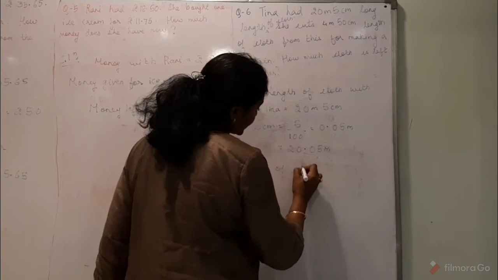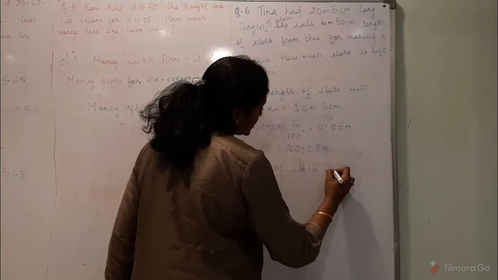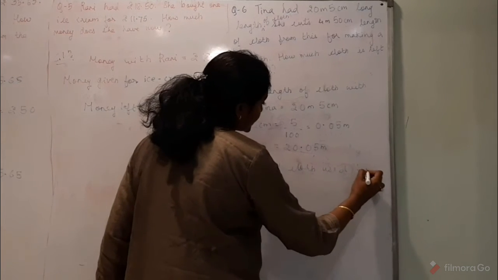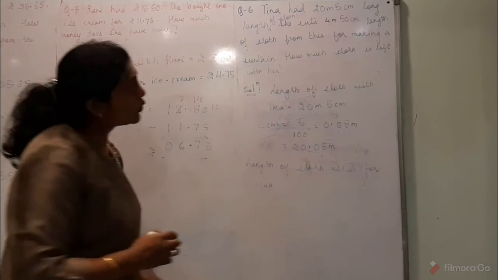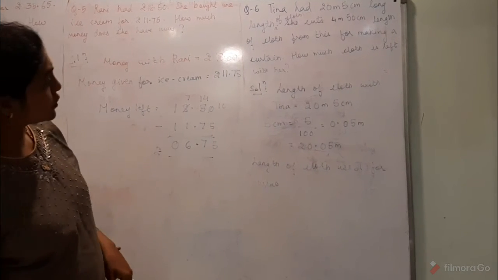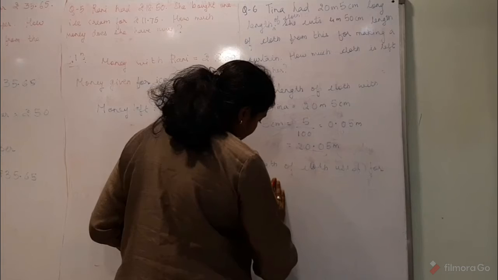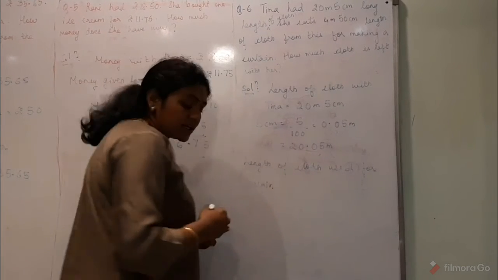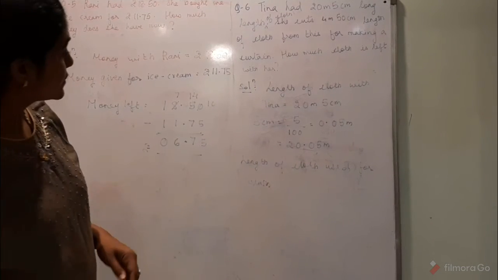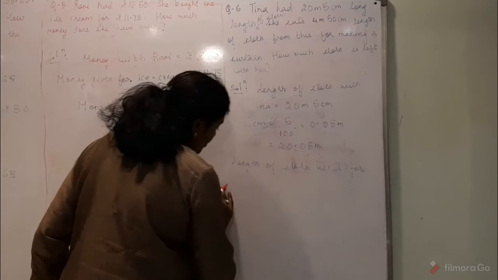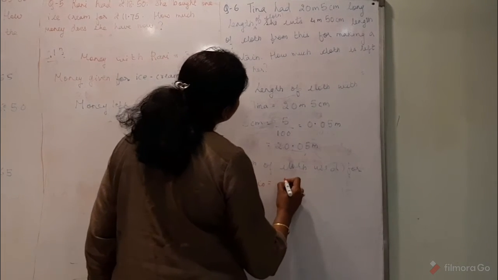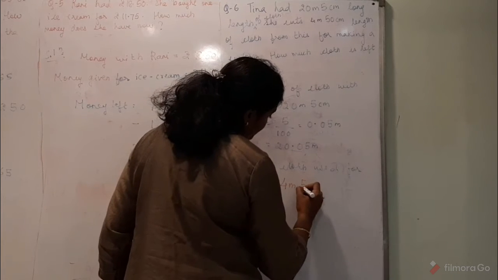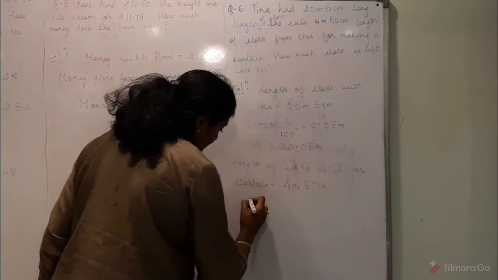Now length of cloth used for curtain. How much is it? 4 meter 50 centimeter. So you will convert again centimeter to meter.